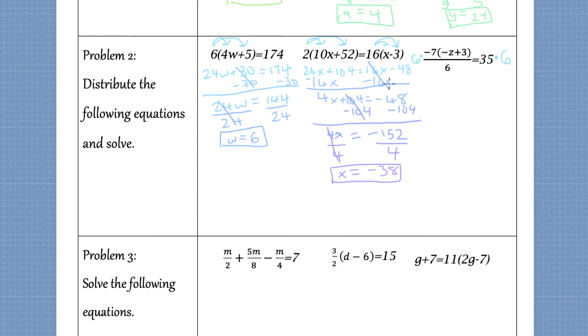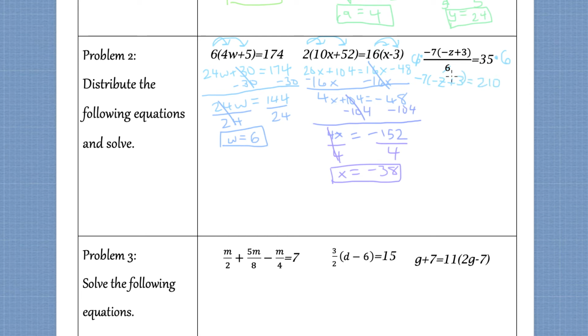Multiplying the left side by 6 cancels out the 6 that's dividing it, and it leaves us with this top term, which is going to be equal to negative 7 times negative z plus 3, equal to 35 times 6, which is 210.